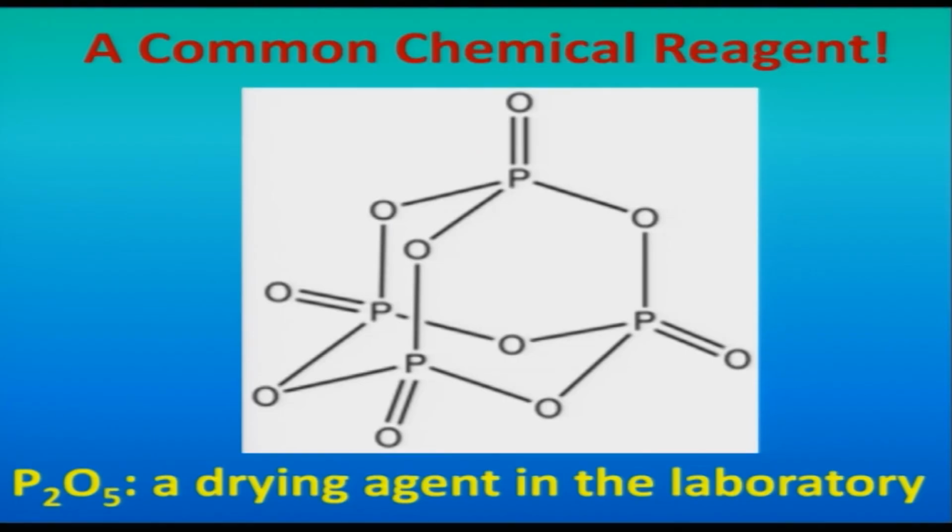You can see phosphorus pentoxide, which is a common drying agent in the laboratory. Almost every laboratory has phosphorus pentoxide, and its structure is shown over here. You can see that there are several POP bonds which can be hydrolyzed, giving rise to lots of energy.